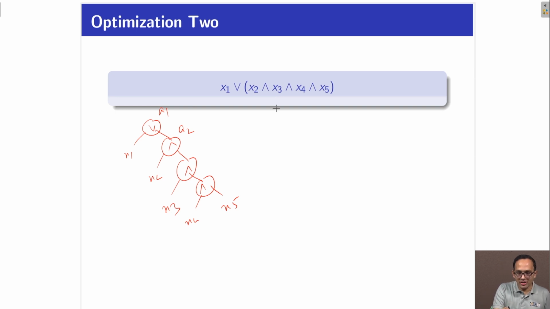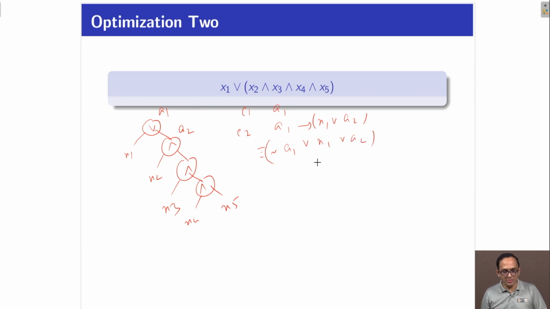Then what clauses will I get? I will get a1, the clause 1, then a1 implies x1 or a2. So, this is my C1, this is C2, which is equivalent to not a1 or x1 or a2. This is the clause I will get from this.